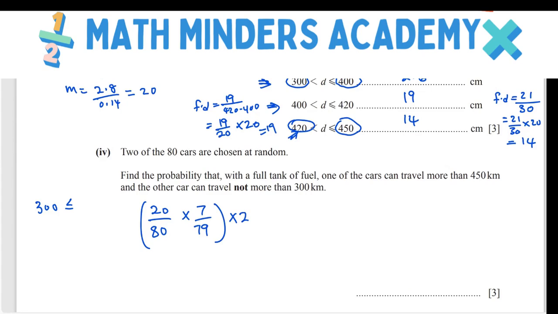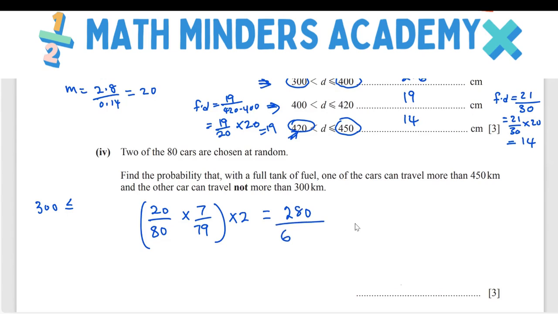So there are two ways this can be done. So if we multiply this by 2, we'll get 280 all over 6,320. And this, if you divide by 40, is going to give us 7 all over 158. And so we enter our answer here, 7 over 158.